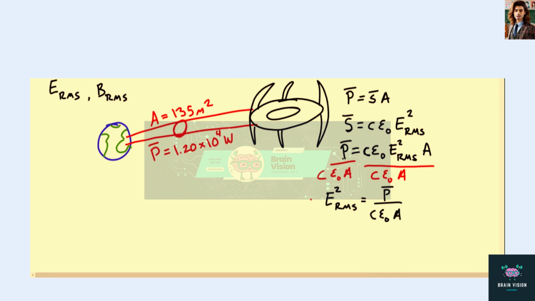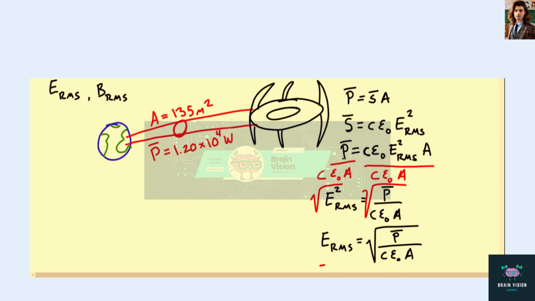Then just need the square root of both sides. We get E RMS is equal to the square root of the average power divided by C epsilon naught times area.